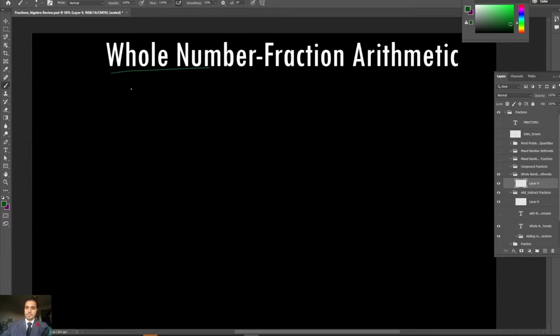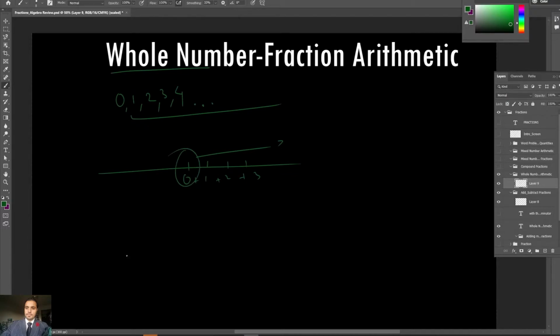Well, a whole number is basically 0, 1, 2, 3, 4, and on and on and on. So it includes all the positive numbers on the number line, plus 1, plus 2, plus 3, but it also includes 0, okay?